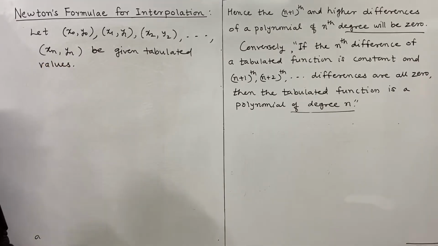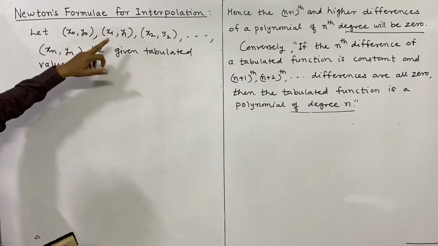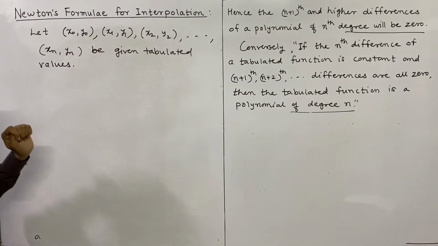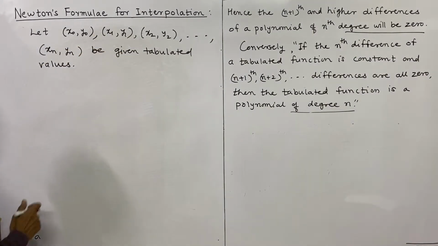And further, what is necessary here is that the difference between the values of x is fixed, that is, the finite difference is fixed, meaning these values are equally spaced.